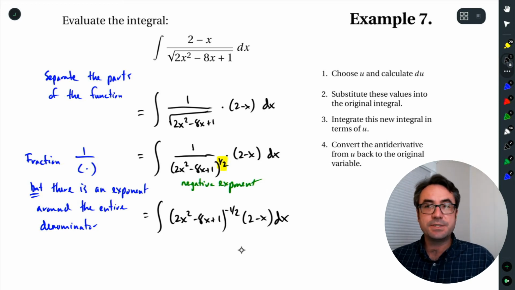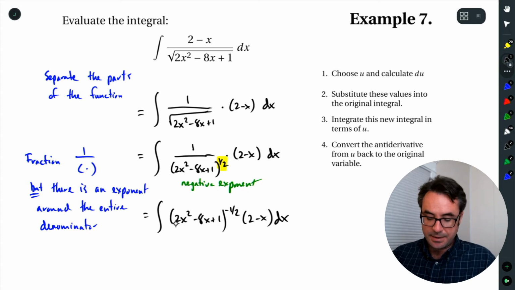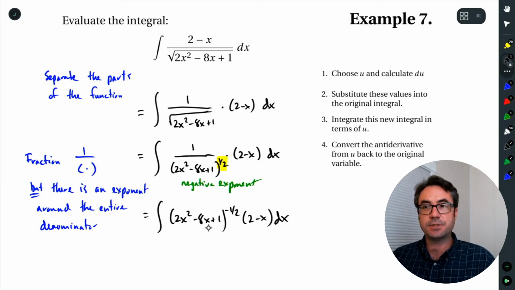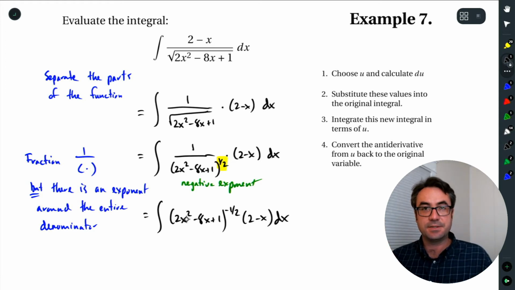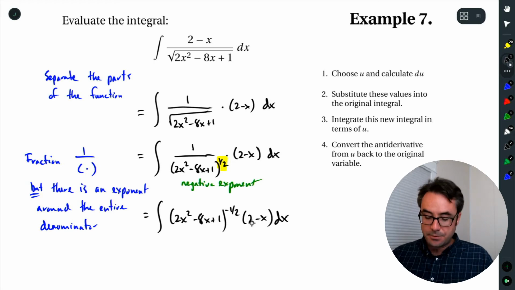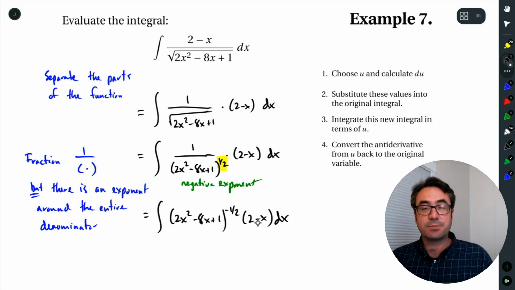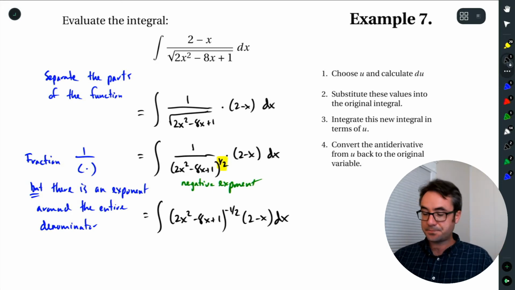And so now what we see is we have this complicated looking expression, but it's all inside of a power function. It's this 2x squared minus 8x plus 1, inside this set of parentheses. There is this other term over here that's inside parentheses, but generally we focus in on the more complicated of the two pieces.